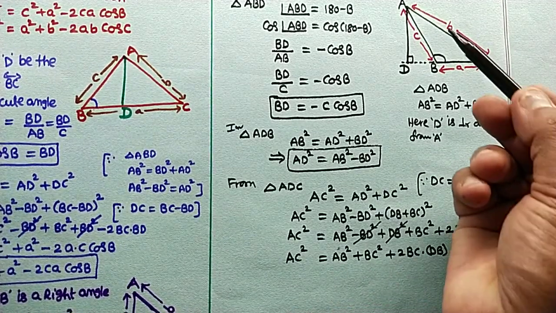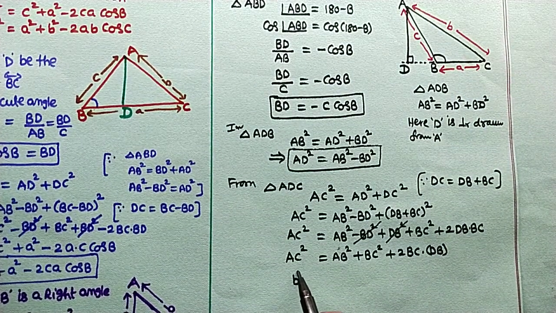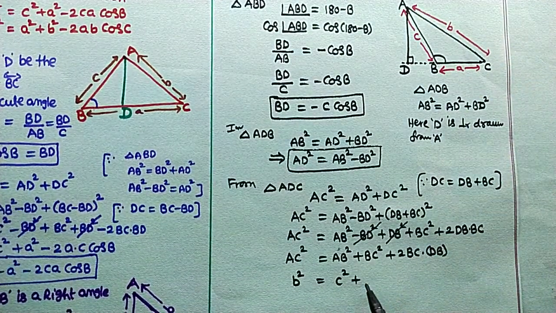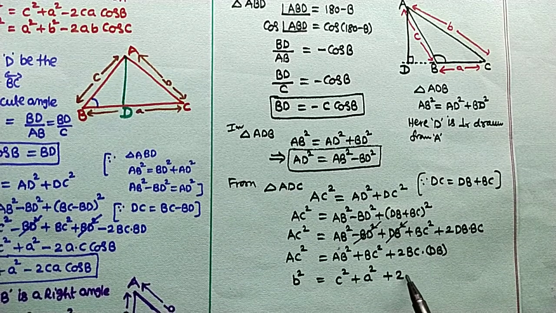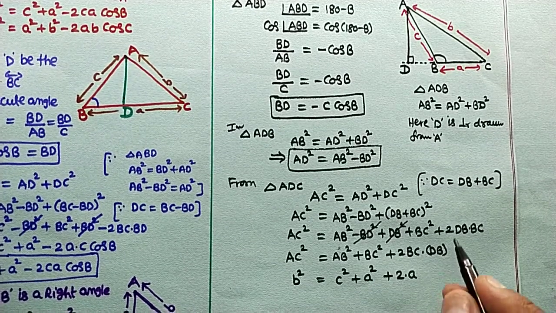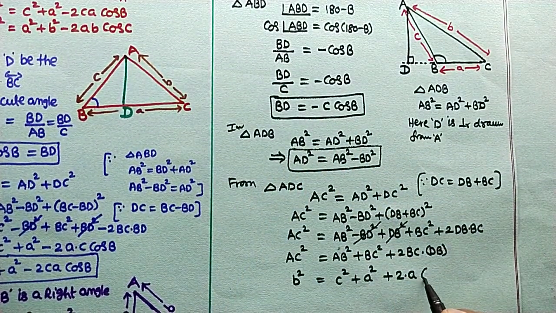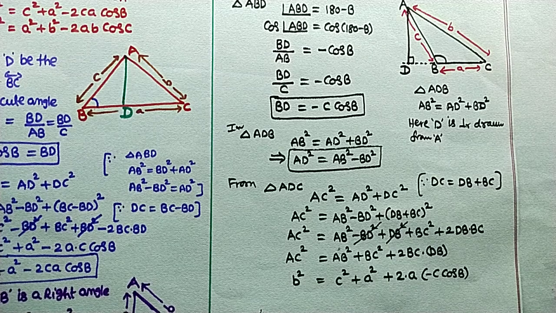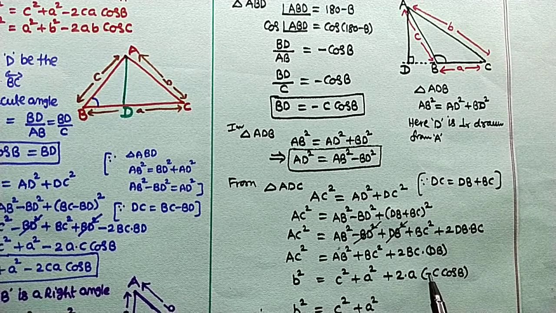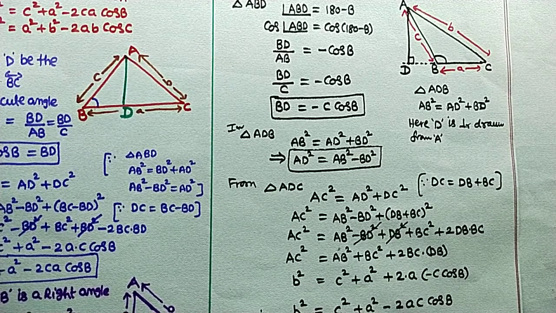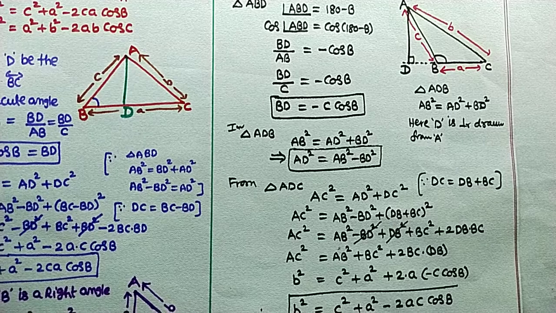So AC square, AC value is b from here. b square is equal to AB value, which is c square, plus BC value, which is a square, plus 2 into BC, means small a, in place of DB or BD, both are the same, minus c cos B, that we have to replace here: minus c into cos B. Therefore, b square equals c square plus a square, plus into minus is minus, 2ac into cos B. Hence, in the third case also, we proved the cosine rule.